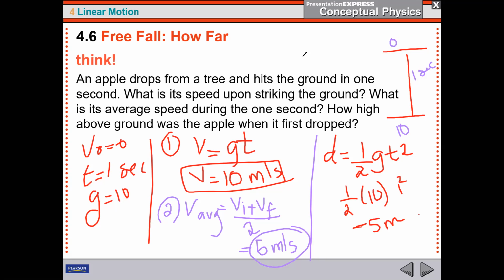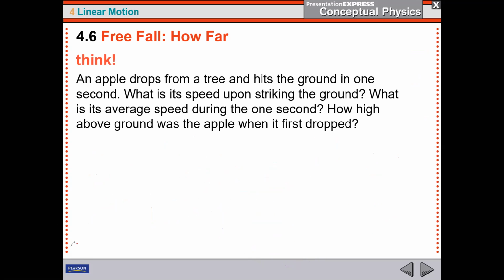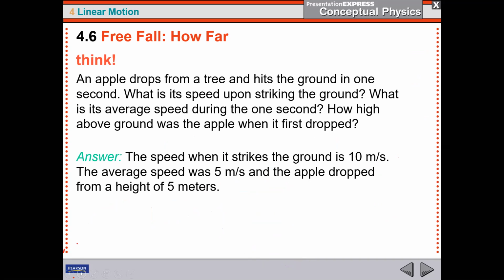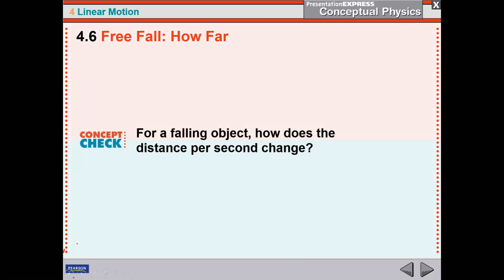So the V final is 10, the V average is 5, and the distance is 5 meters. The speed when it strikes the ground is 10, the average speed was 5, and the apple dropped from a height of 5 meters.